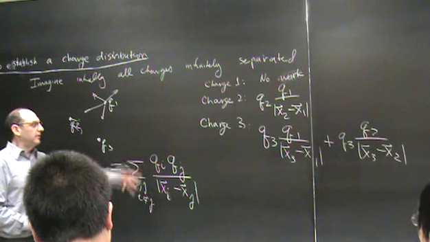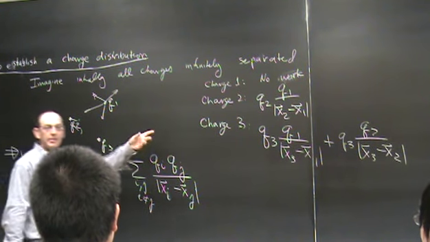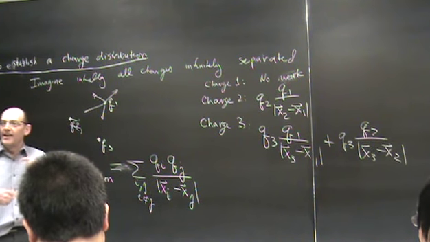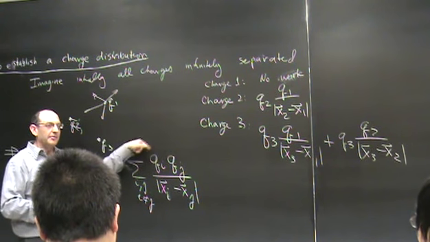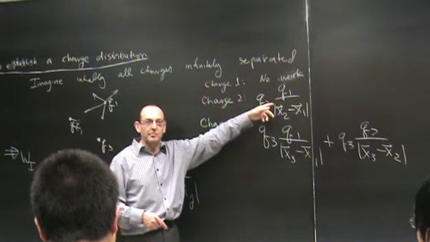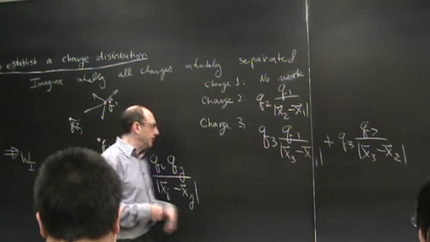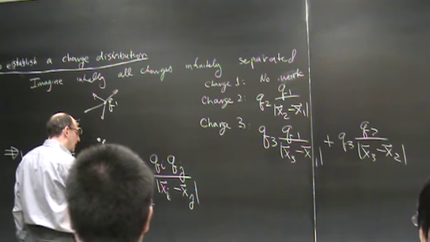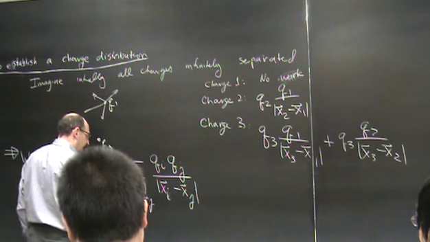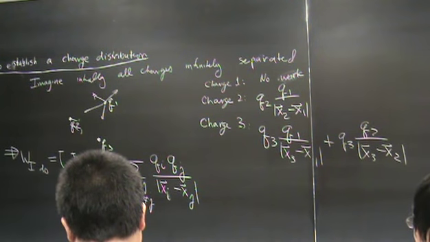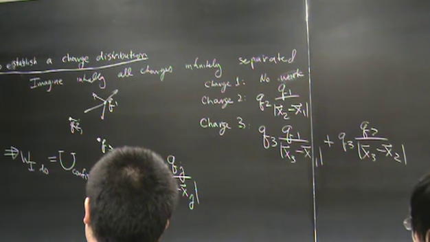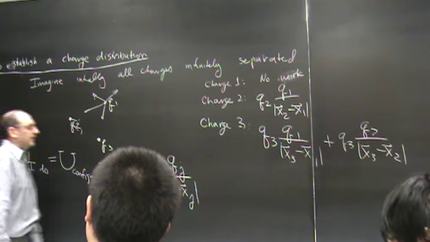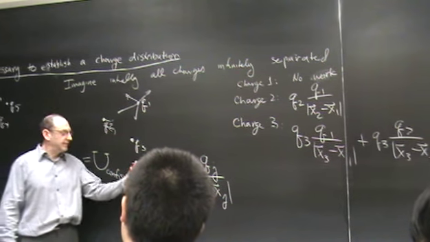Of course, if I do this, I would double count, right? Because I sum over both i and j, I'll have a Q1 times a Q2, but then I'll have a Q2 times a Q1, and I only have one such term. So to avoid the double counting, I should put in a factor of a half. And this factor of a half is important.